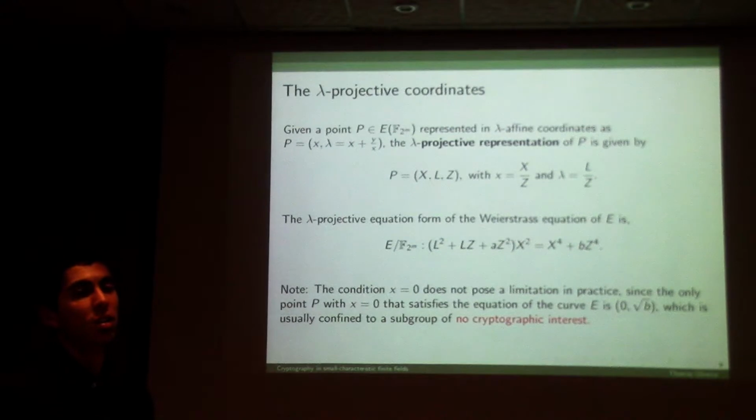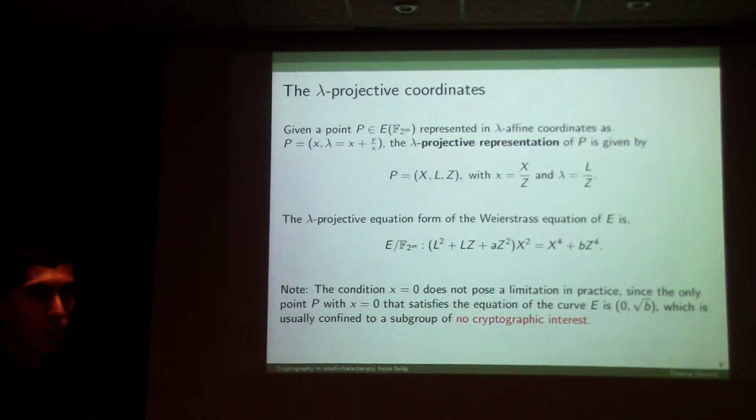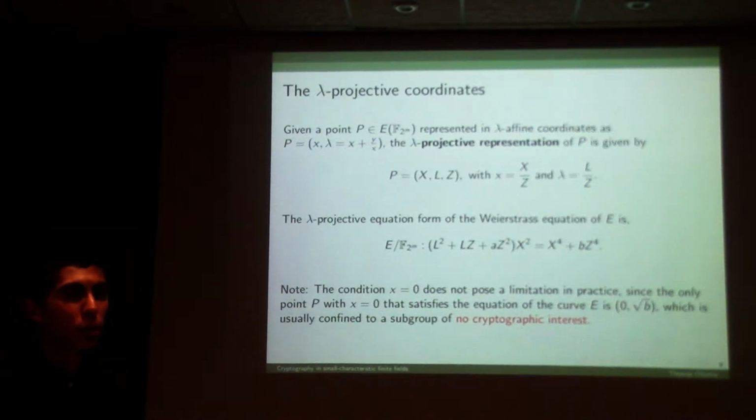But yes, it's an interesting approach. Sure. But the things that I work with are larger characteristic fields, so I was thinking of the curves for pairings, for example, and you have these protected multiplications, and I don't know what would be necessary to implement these lambda coordinates on that kind of curves.